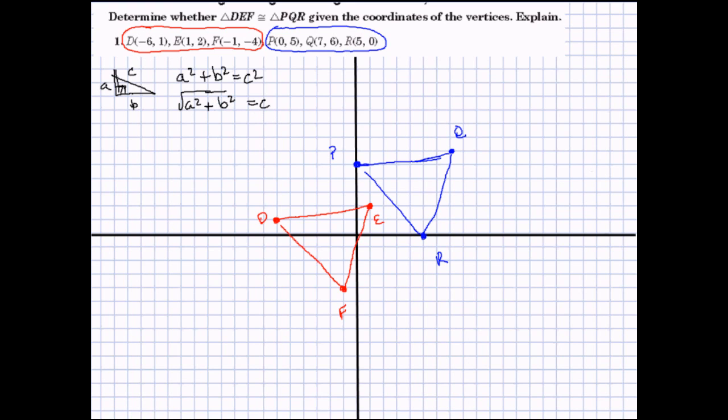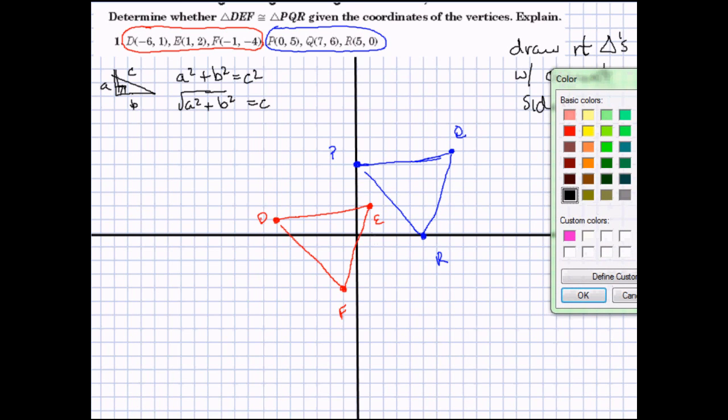So we can take the triangles that we have and we can draw right triangles off of each of the sides. Okay, we're going to make each of the sides of these triangles our hypotenuse.